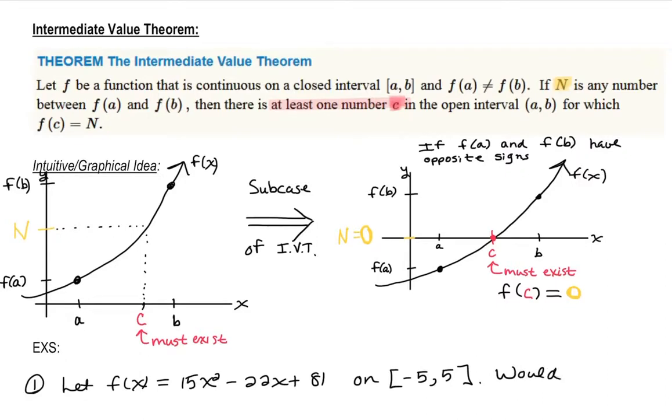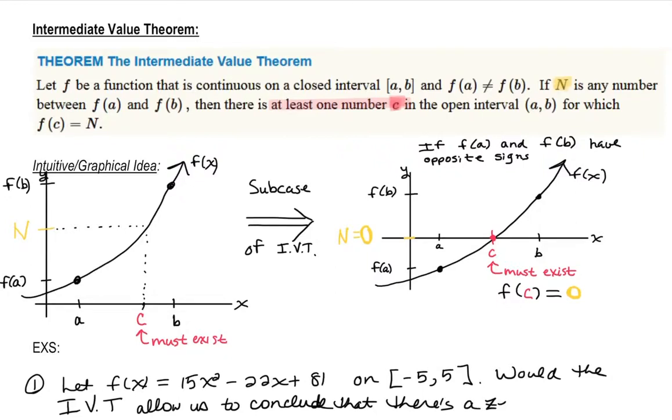And so the question is, would the intermediate value theorem, I'm going to abbreviate IVT, allow us to conclude that there's a 0 in this interval from -5 to 5? Like, is there a 0 there, meaning an x-intercept? So this is definitely the subcase of the intermediate value theorem.